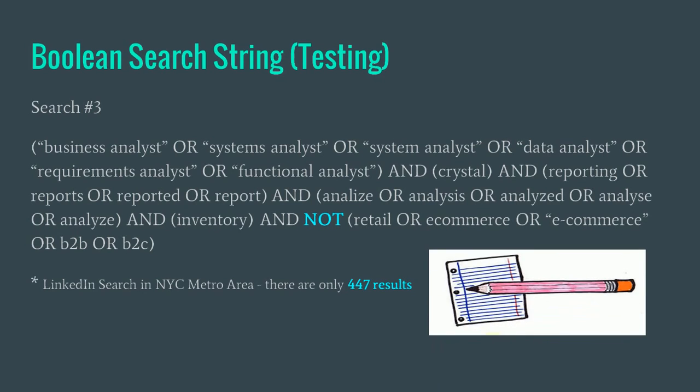If you already have 447, that's too many to look at, so search number 2 would be the best, because it has only 101. This one is 447, a huge jump.